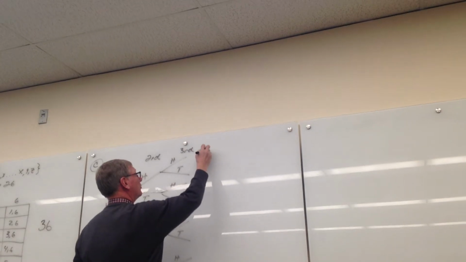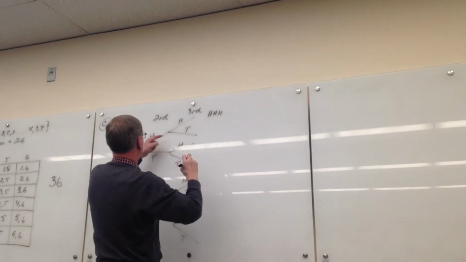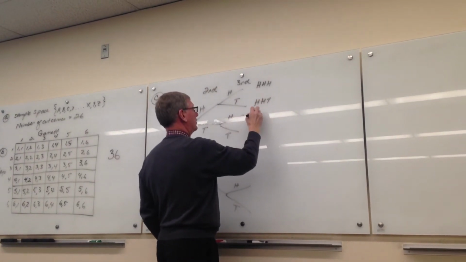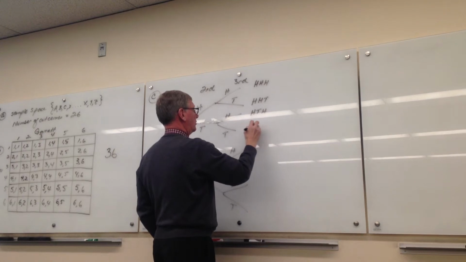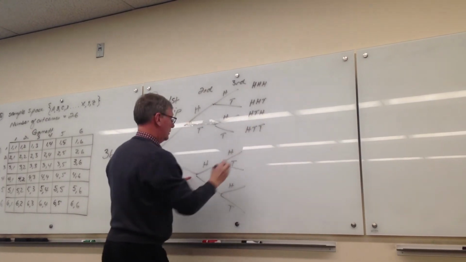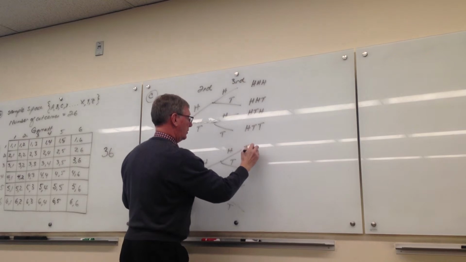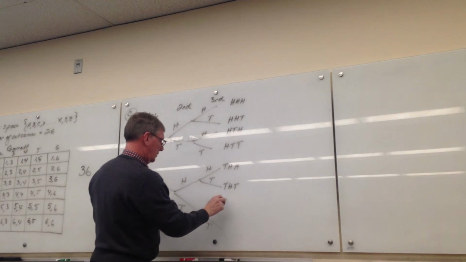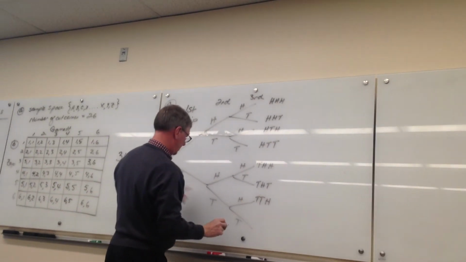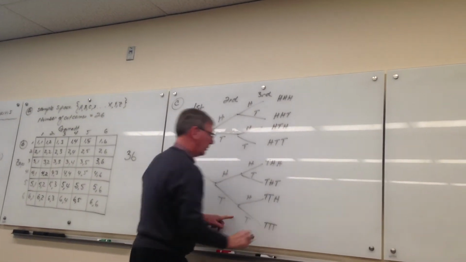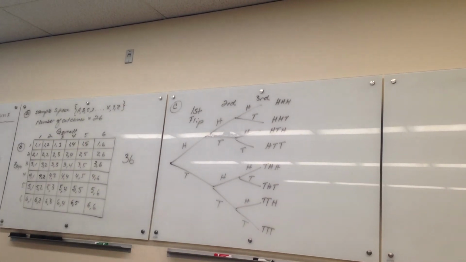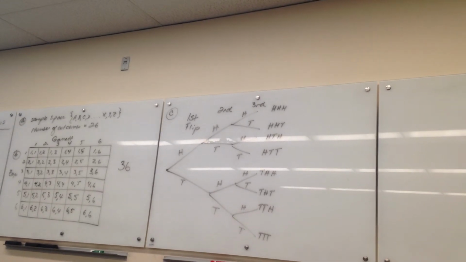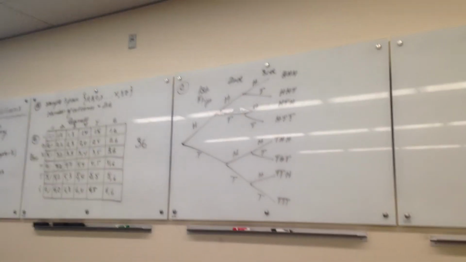This outcome of H, H, H. The other outcomes are H, H, T, H, T, H, H, T, T, T, H, H, T, H, T, T, T, H, and T, T, T. Everybody see that? One of those 8 things is going to happen. There's no question in my mind that that's it. We got them all covered, right? There's nothing else that can happen.